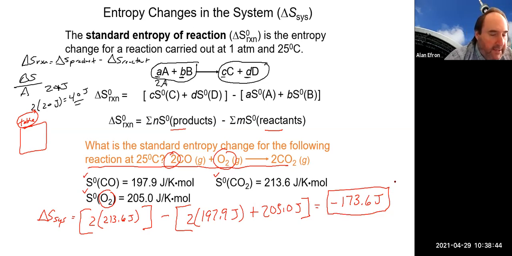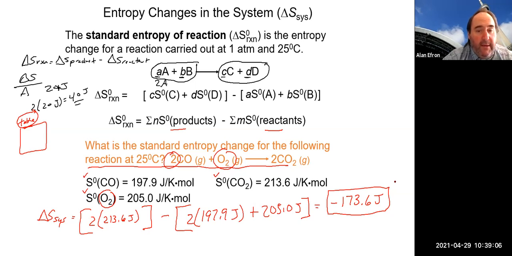So what does this number mean? Just so we're clear, this number does not necessarily mean that this reaction is spontaneous or non-spontaneous. Remember, we just calculated the delta S of the system, not the universe. But it does tell us what is going on in this particular reaction.